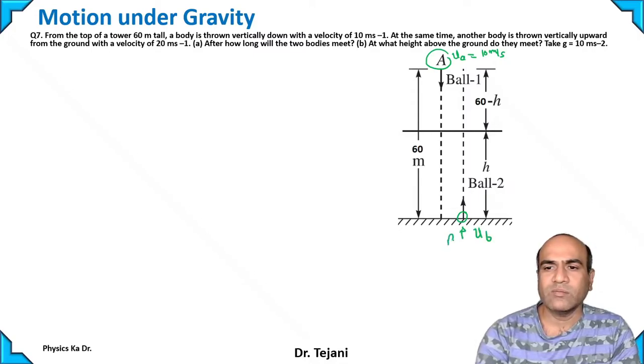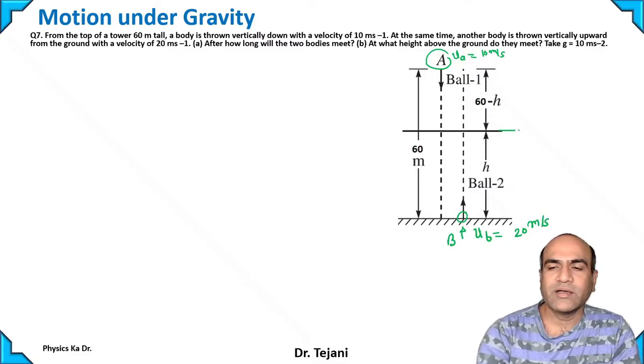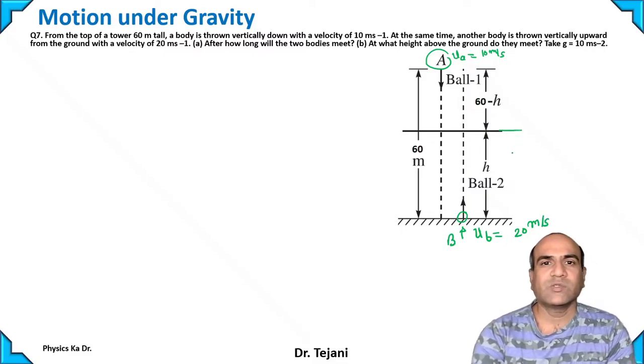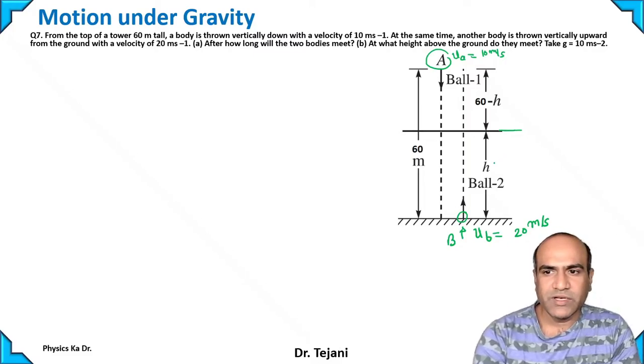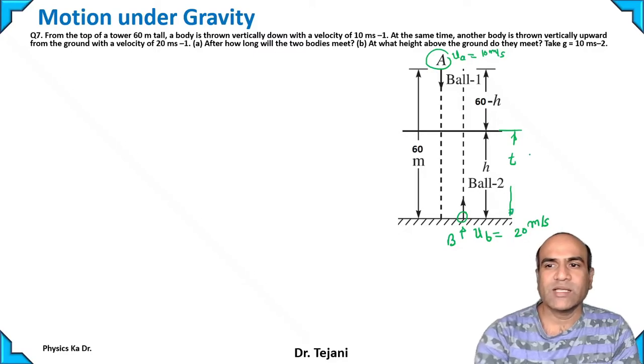Say for example ball B is 20 meter per second, and at what time will they meet? So we need the time required for this travel as well as the height. So the time is to be equal in both cases, that we need to remember.